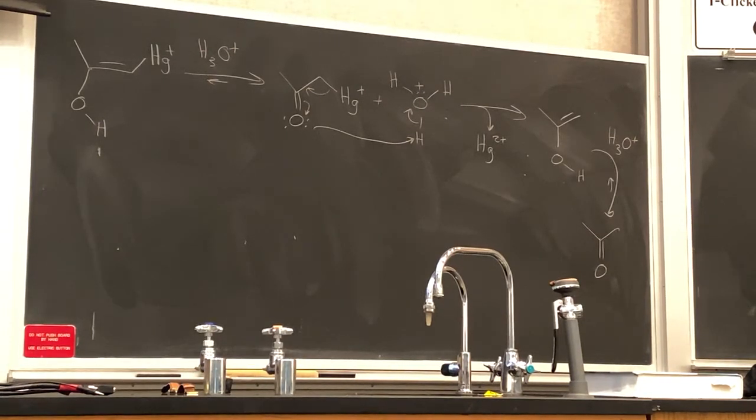So the two steps we didn't draw, protonation of the alkene, followed by deprotonation of the oxygen. And then we reprotonate the oxygen in conjunction with losing the mercury. So it seems like a lot of proton transfers, and it is, but that's how the mechanism proceeds. Other questions? Yes, please.